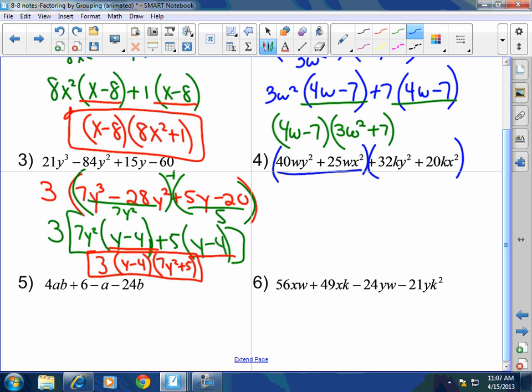Okay, what can I factor out of 40wy squared plus 25wx squared? A 5w. Very good. So I'm going to be left with 8y squared plus 5x squared. What do I factor out of these 2?